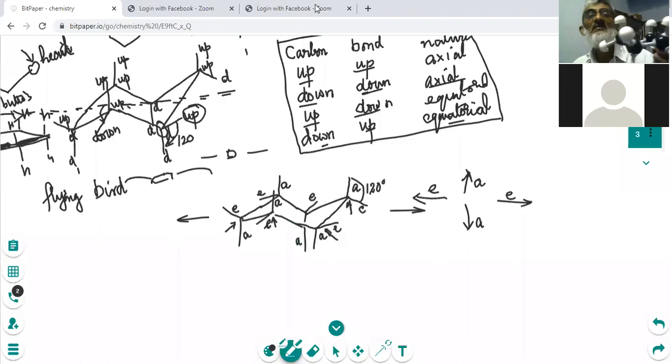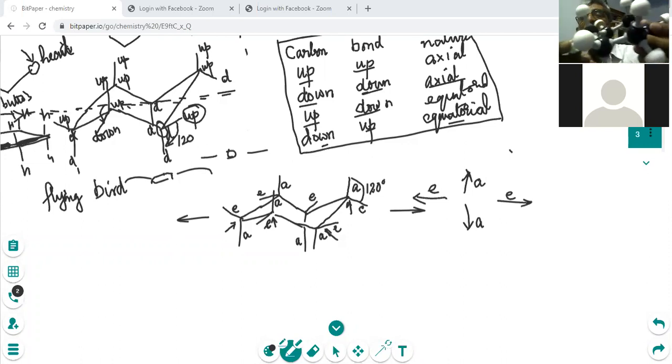But since you want to observe the molecule, since you want all the 6 carbons to be seen, what we generally do is we hold the molecule slightly bent. Bend it slightly towards the front.